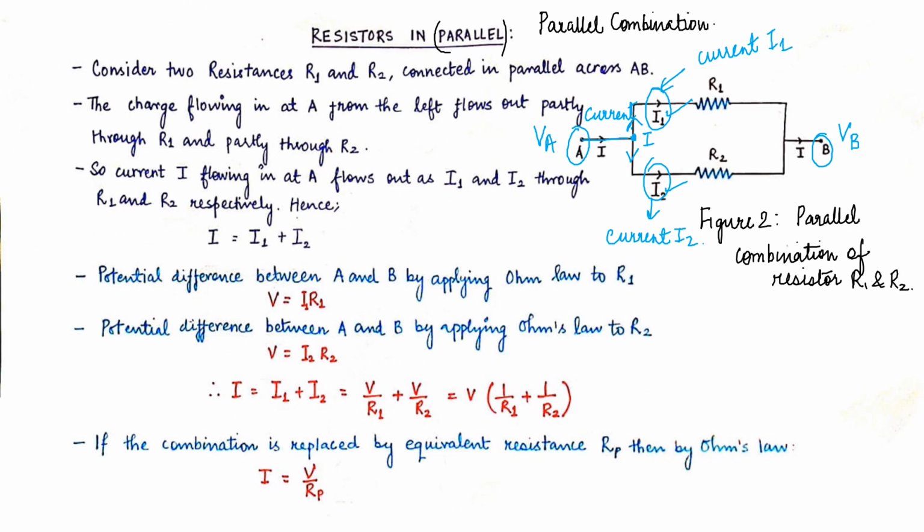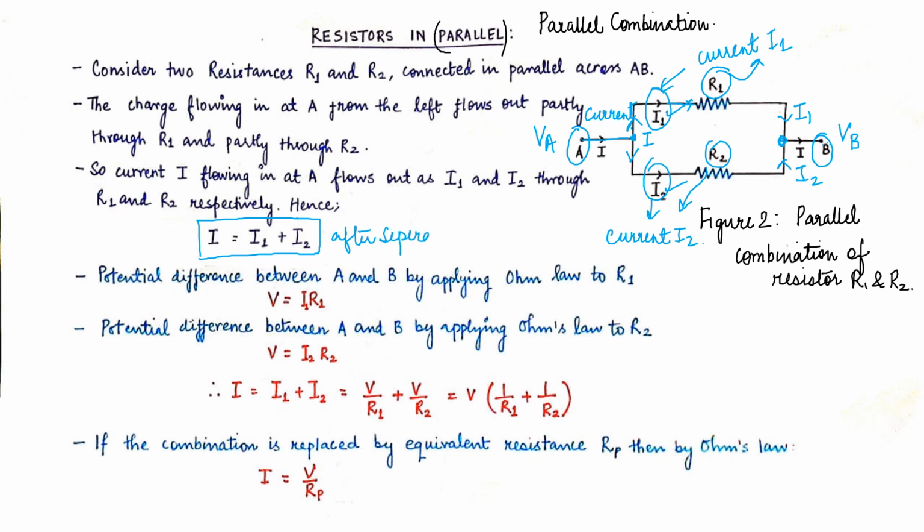Now this current is flowing through R1, I1 through R1 and I2 through R2. Here again at this junction, current I1 and current I2 meet up to give the current I. So we can write I equals I1 plus I2.